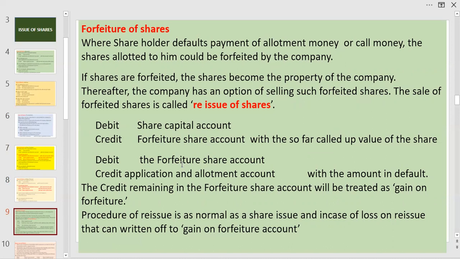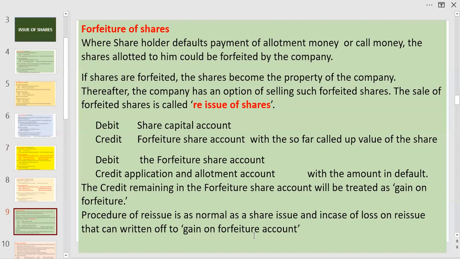Then application and allotment account will be credited and the forfeited share account will be debited by the amount in default. Obviously, the call money or the allotment money. The credit balance remaining in the forfeiture account will be treated as gain on forfeiture and it's a capital reserve. Reissue of these shares will be as normal as other issues of shares. In case there is any loss, that can be written off against gain on forfeiture account.